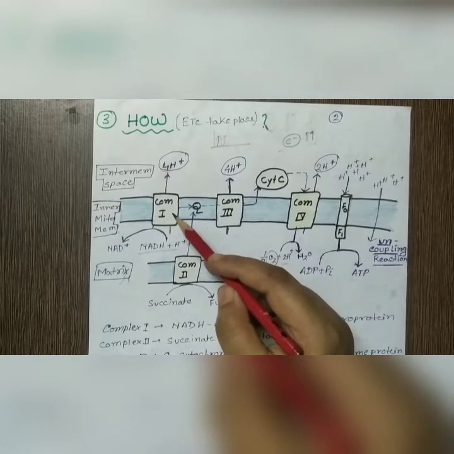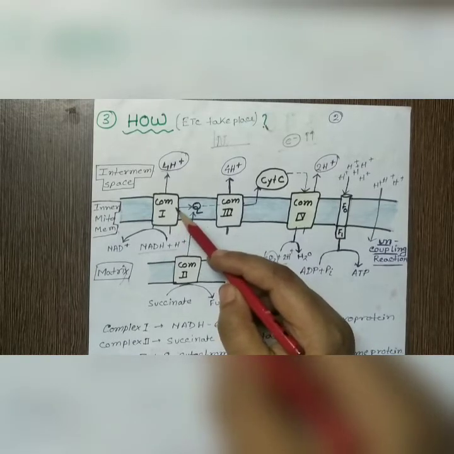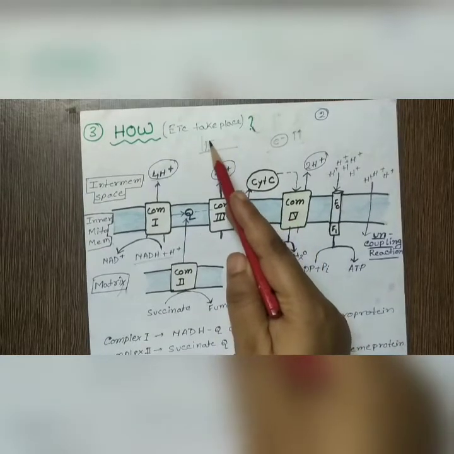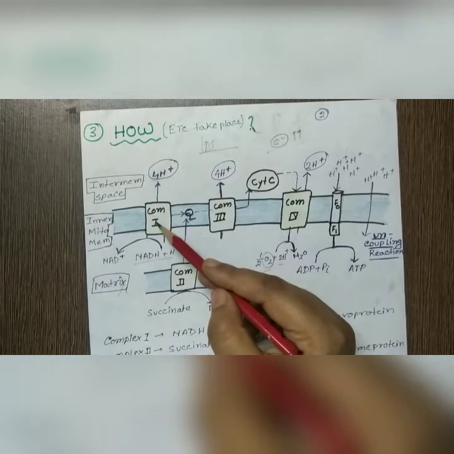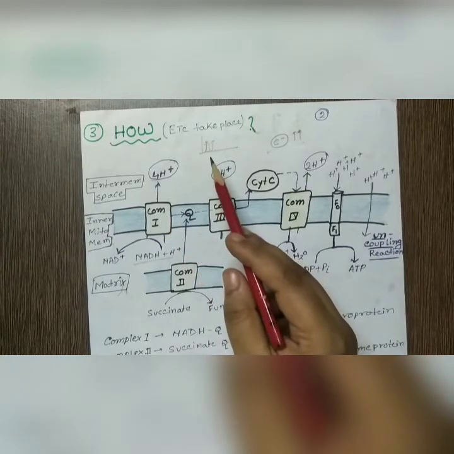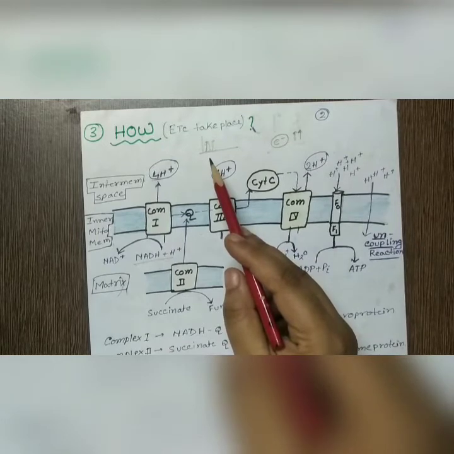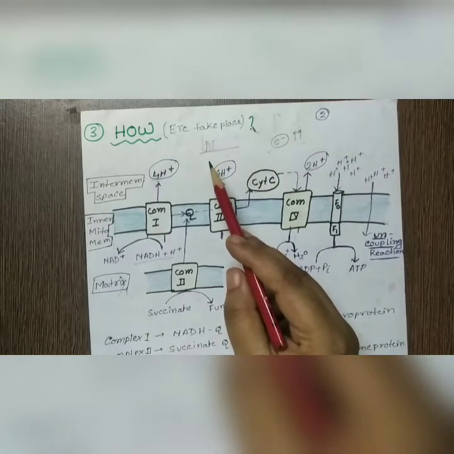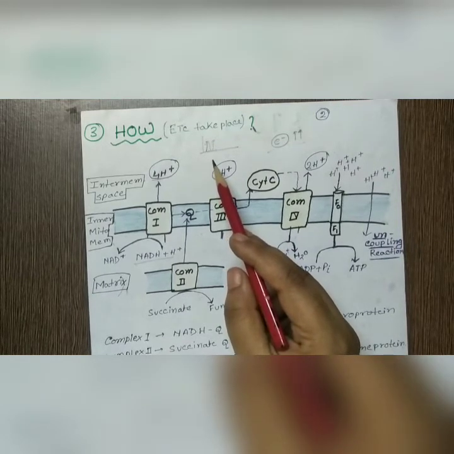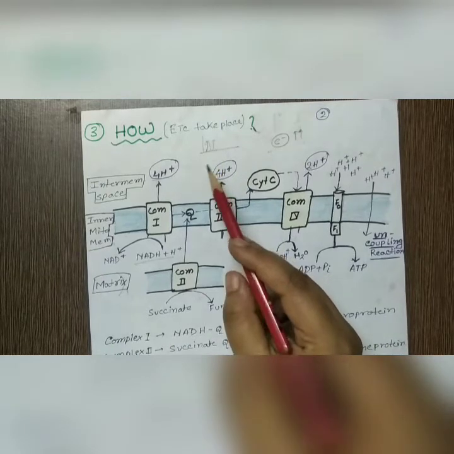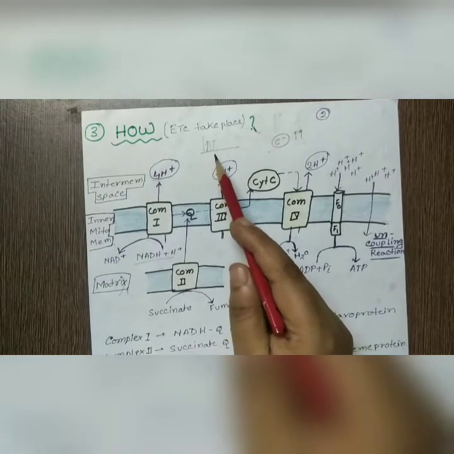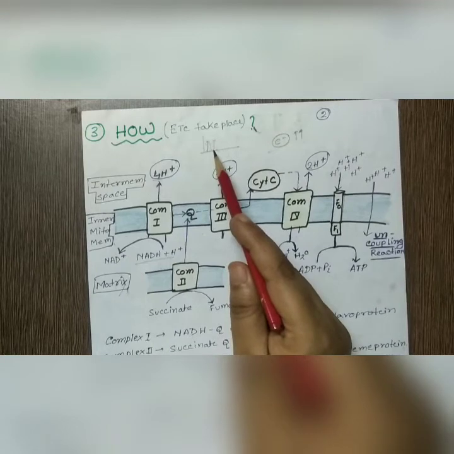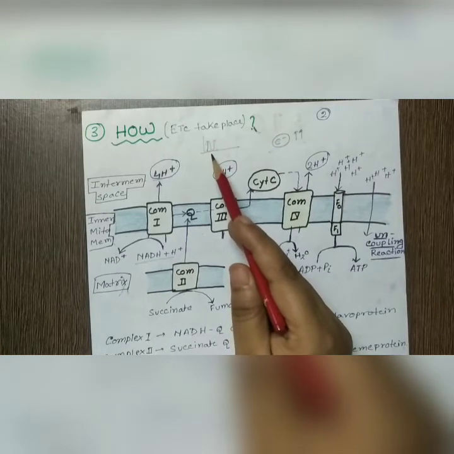Whenever the complex gets this free electron, it reaches a higher energy state, and no molecule in this universe can stay in this high energy state. They have to go back to their stable conformation, right? So whenever they go to their stable conformation, they release this extra amount of energy.